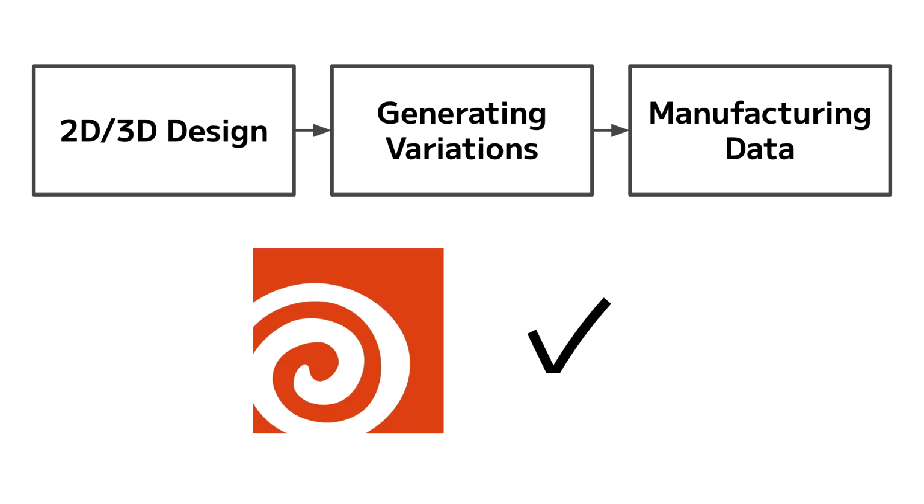Now, Houdini actually excels in this workflow because it can handle every step seamlessly. Its procedural capabilities make it a powerful tool for generating designs, ensuring manufacturability if you code it yourself, and even directly creating machine-readable data with functions prepared in Houdini.